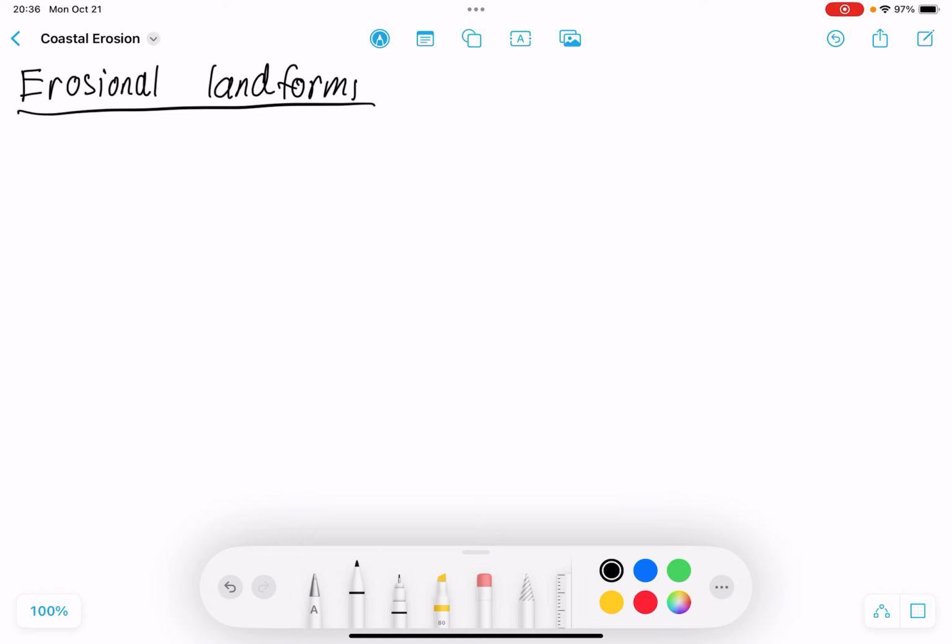So essentially, what are headlands? Headlands are parts of the coastline that jut out into the sea.